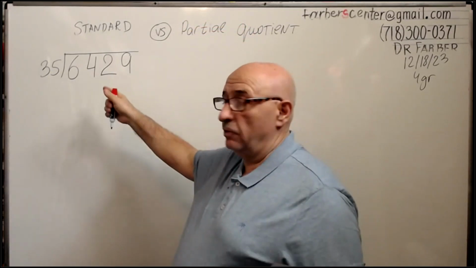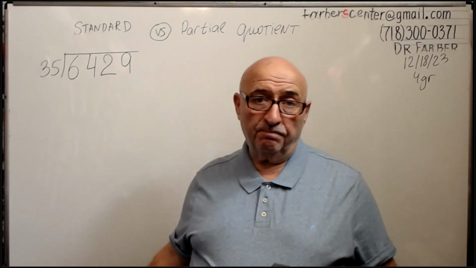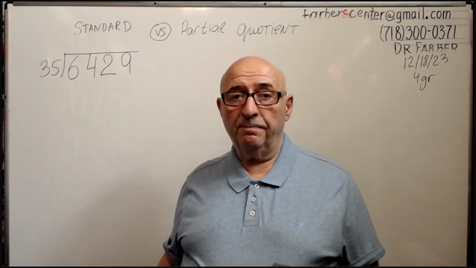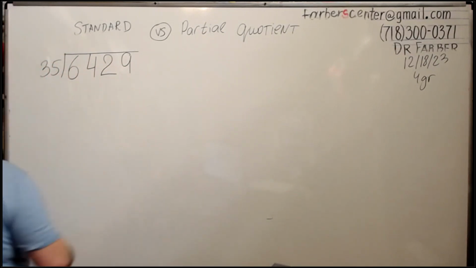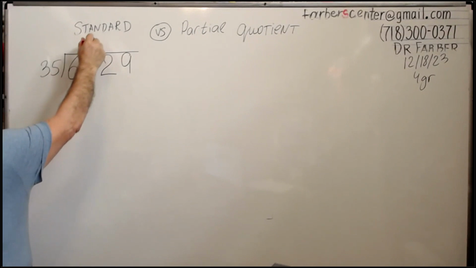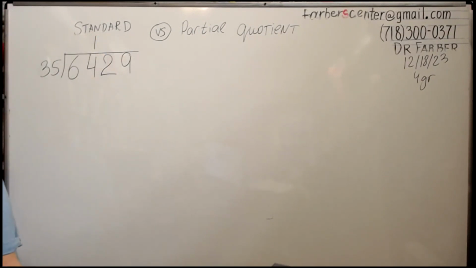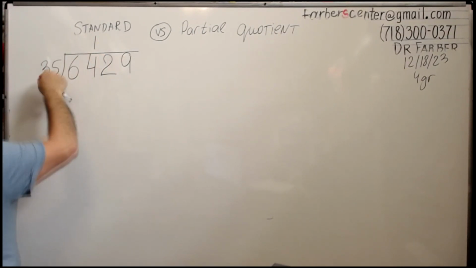Since 35 does not go into 6, right? Too big. I use this 2. No, 35 times 2 is 70, too big. So that's why I use 1. And 1 times 35 is 35.